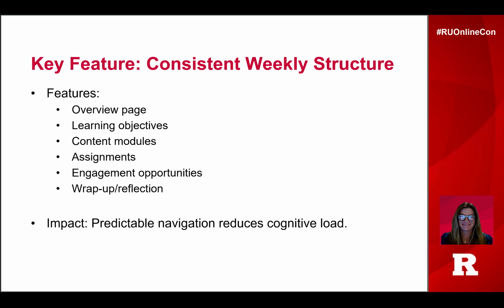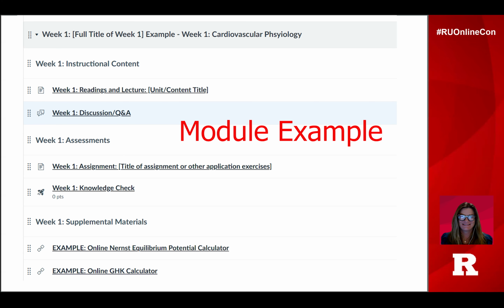Following the overview and objectives, students move into the content modules. These modules include micro lectures, readings, multimedia resources, and external materials. Importantly, the organization of these materials follows the same pattern each week. Assignments and assessments are also located in predictable locations within each module. Students do not need to search through multiple menus or tabs to find what is required.